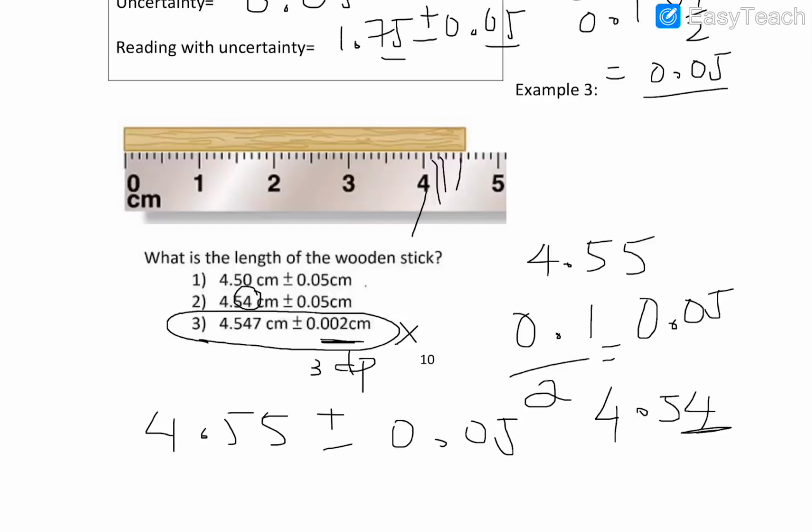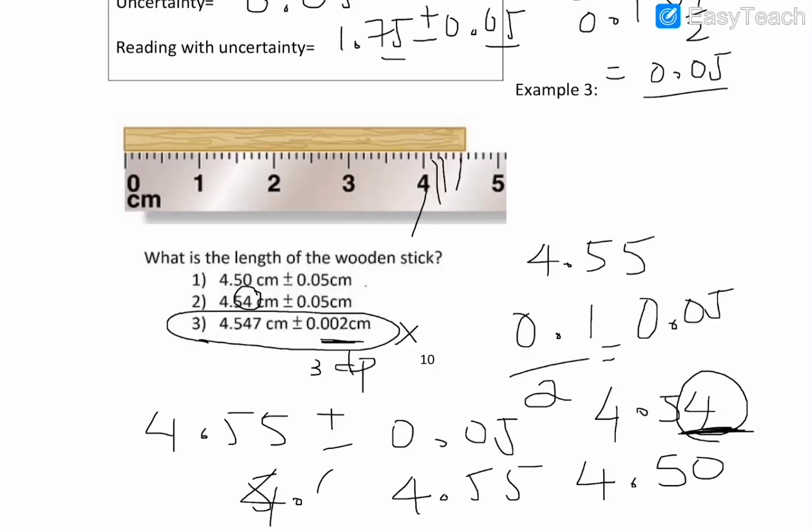You can't say that it's 4.54. This is wrong because it's either 4.50 or 4.55 or 4.60. That's it. You can't have in-between numbers here. So this one is eliminated, so I'm left with this one.